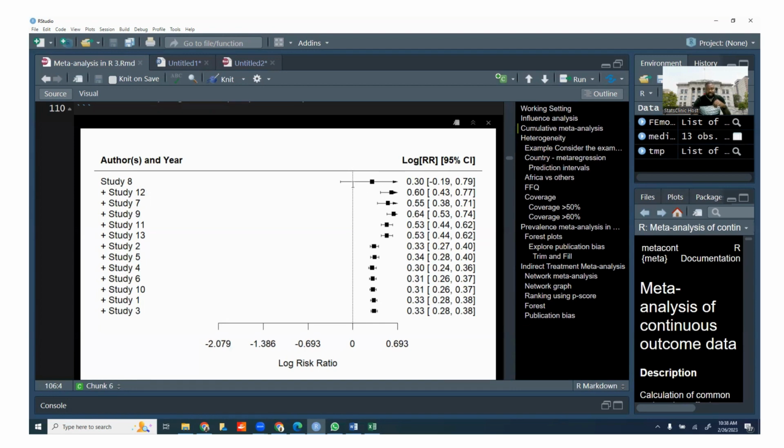So you would expect that the confidence interval will get narrower, because as you add the two studies, now you're going to have more people in the study. So if you had 50 people in the first one and 50 people in the second one, now you will have 100 people represented here, right?